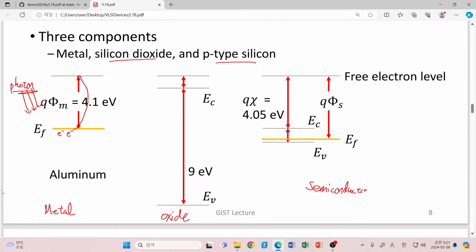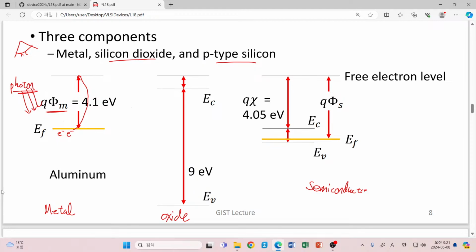Once it arrives at the vacuum level, then it can escape from this material system, called a metal. Then it can be detected by our detector shown here. So therefore, if you have a certain metal, then by applying photons, following this photoelectric effect, you can measure this work function. Okay.